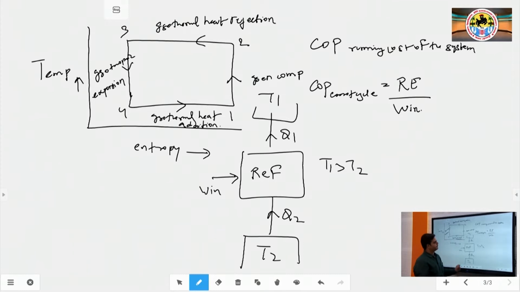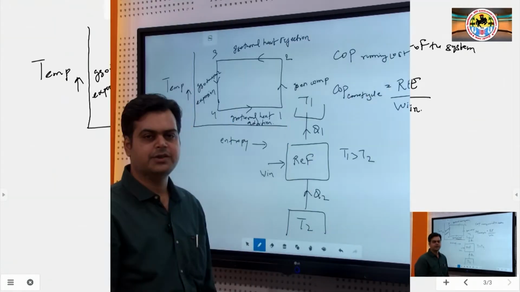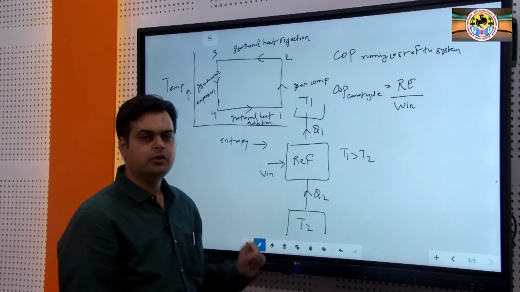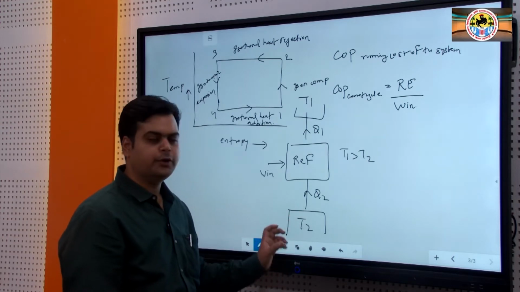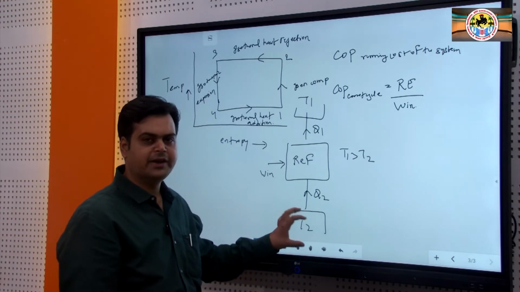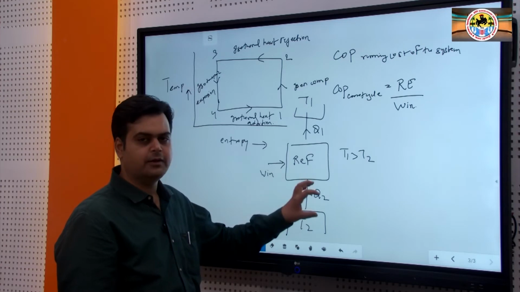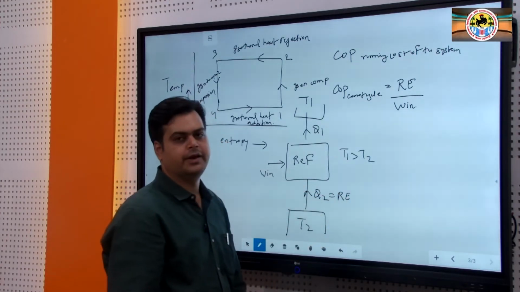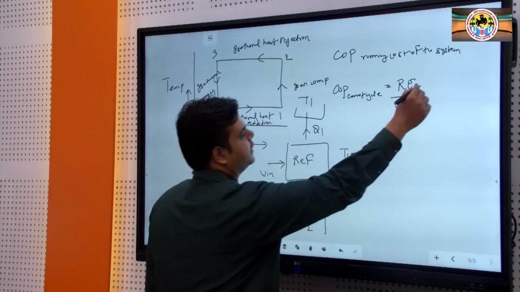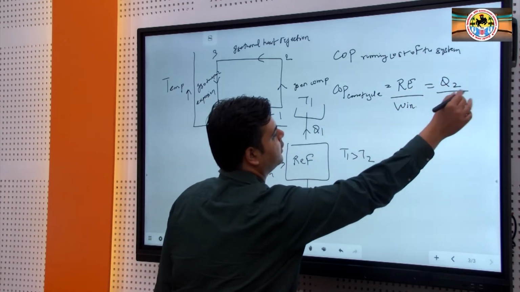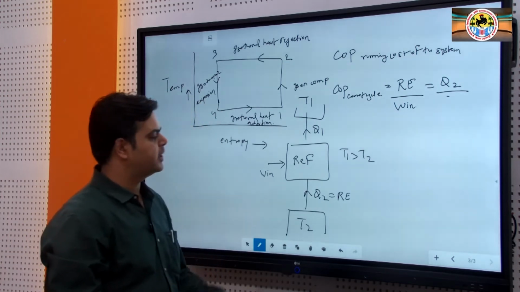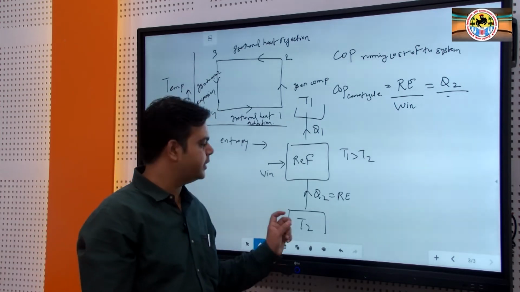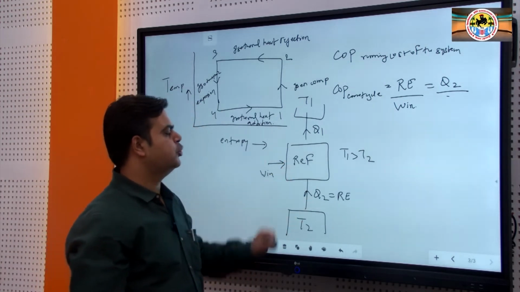Refrigeration effect is the amount of heat extracted from the storage to maintain the lower temperature T2. So, Q2 is the refrigeration effect, and COP is Q2 divided by work. How much work is consumed by the refrigerator? That is Q1 minus Q2.